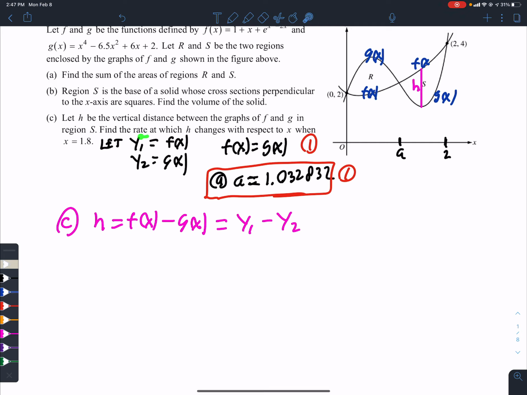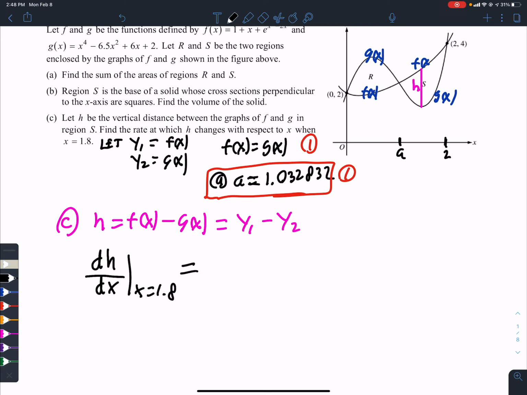Key word, rate. When you hear rate, you should think the derivative. So it's asking for the change in h compared to the change in x. They're looking for dh/dx at the point where x equals 1.8. This you can do in your calculator.